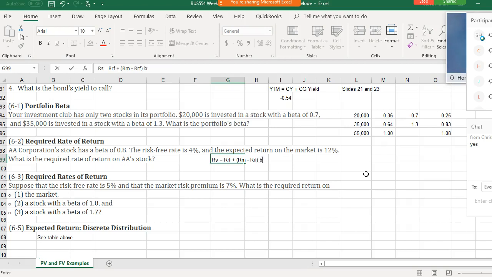That's the formula right there. That's the CAPM formula, the Capital Asset Pricing Model. The goal of that model is to say, for this risk, what's the return that I should be taking?